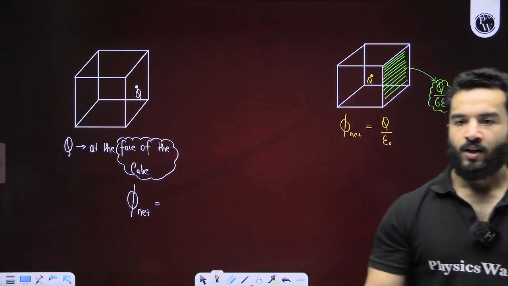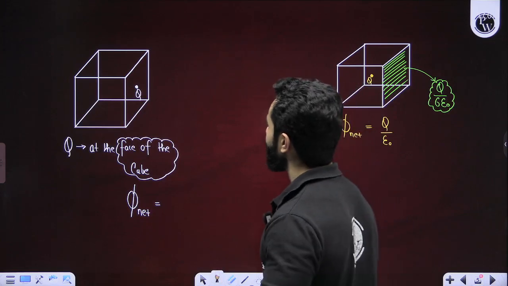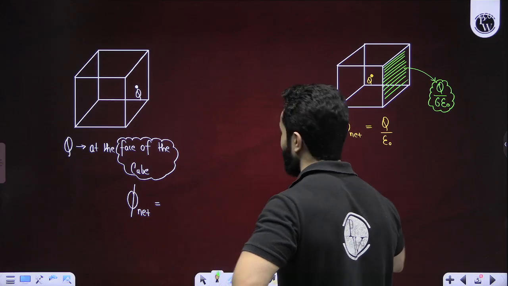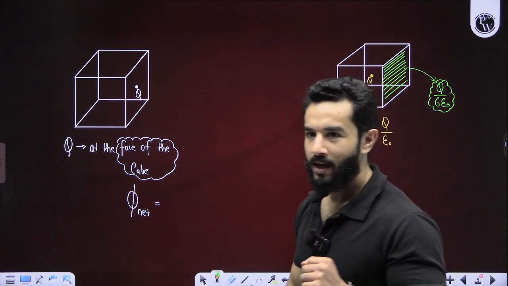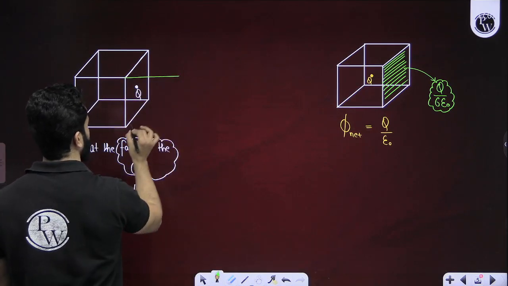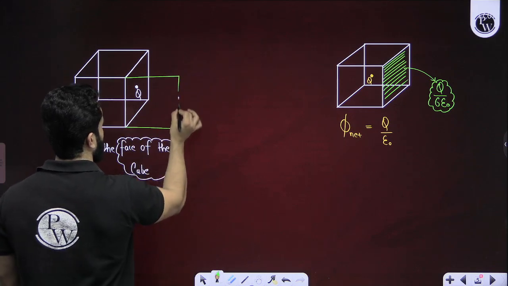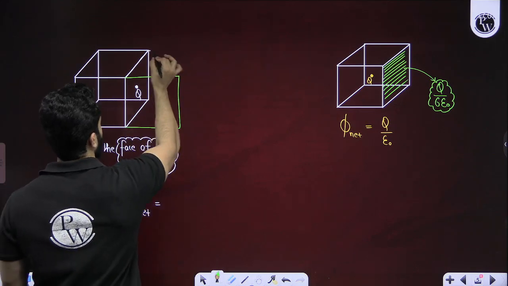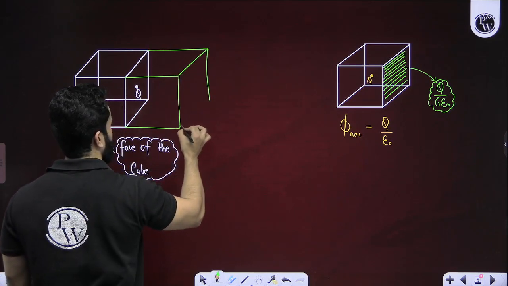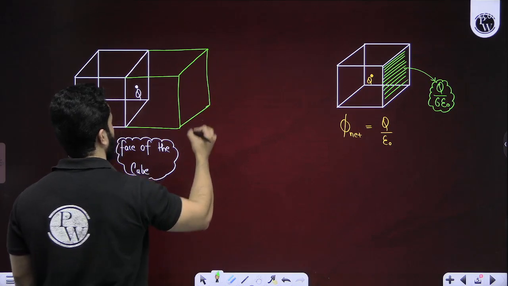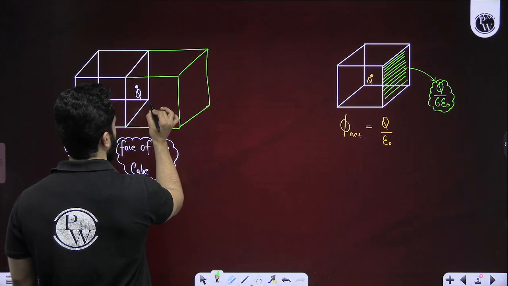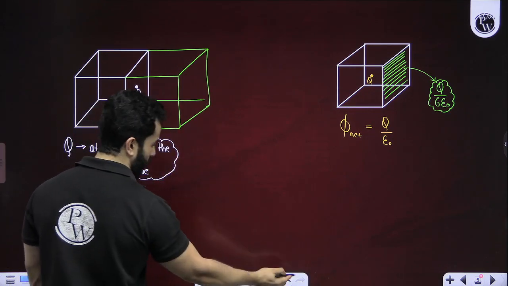You have to tell me the net flux linked with the given cube, the total cube, right? So for questions like this, what we actually assume is that there is also one more cube. That cube is drawn something like this. An imaginary cube. Hopefully you are getting what we are trying to do.